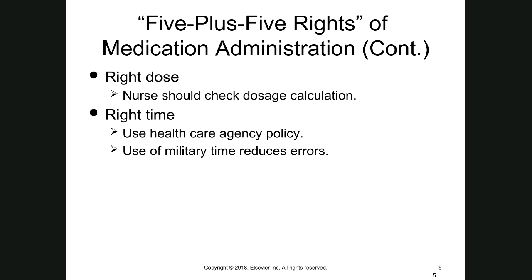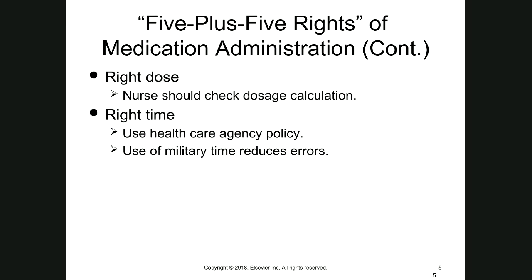And now the right dose refers to the verification by the nurse that the amount ordered is safe for the patient to whom it's prescribed. And so we have to take all these things into consideration from the last chapter: age, weight, different types of health issues, compromised renal system, compromised hepatic system.